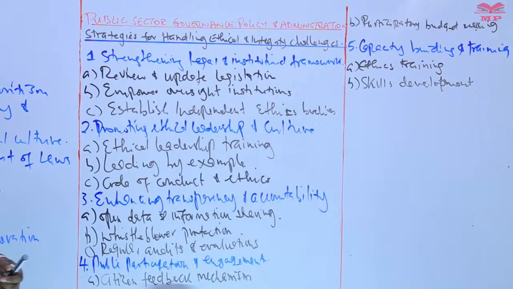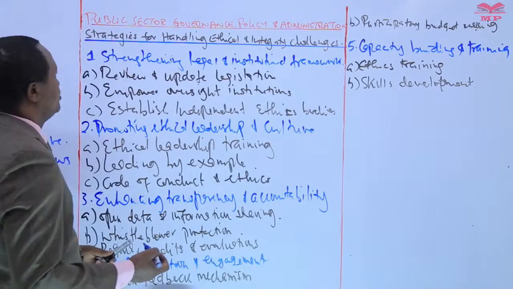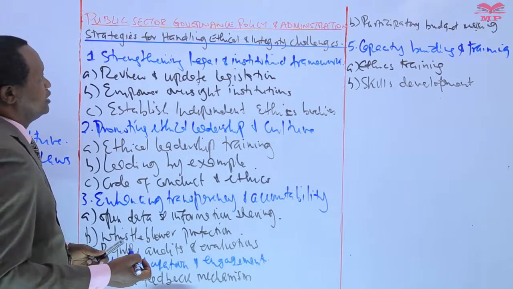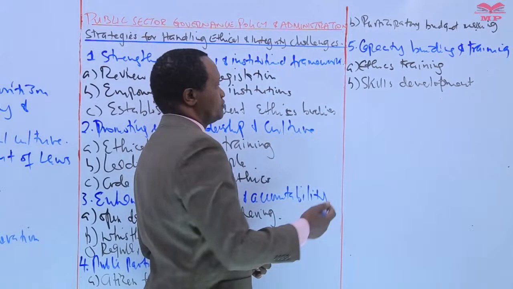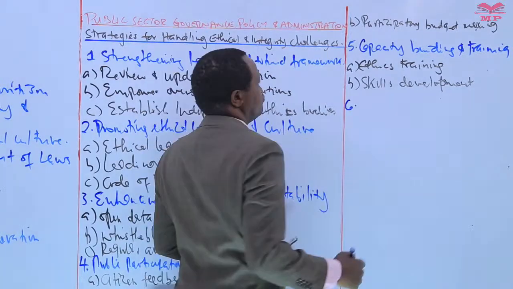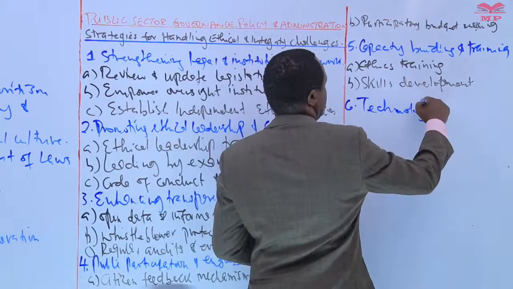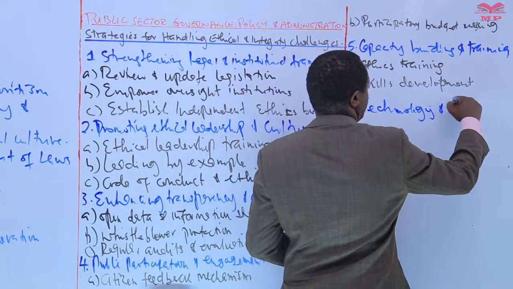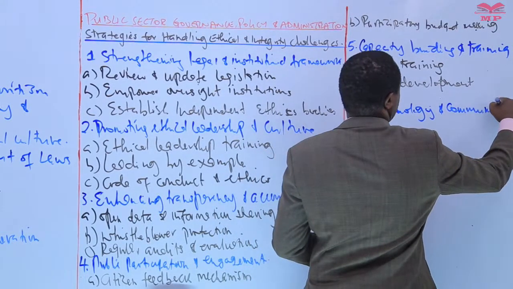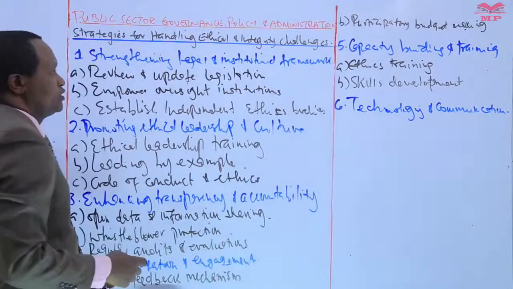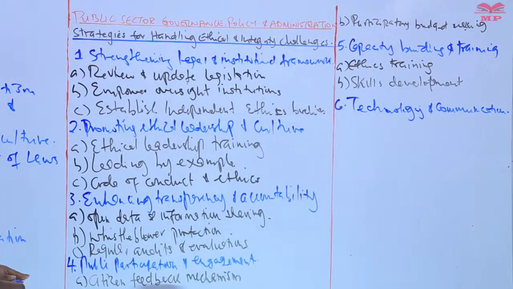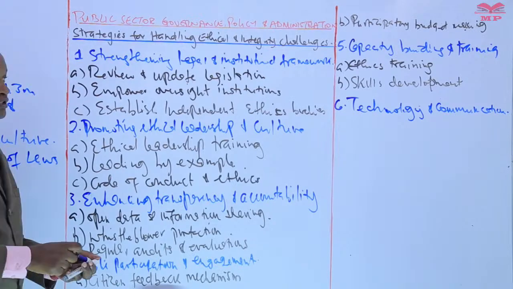Now the next way to deal with the ethical and integrity challenges is number 6, technology and communication. And how can technology and communication handle ethical and integrity challenges?